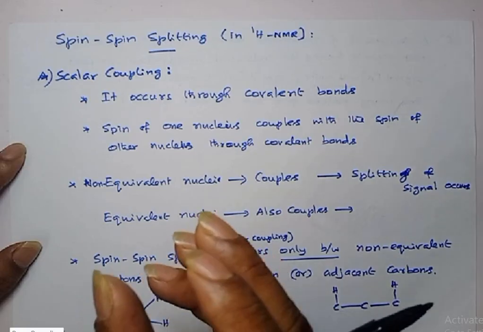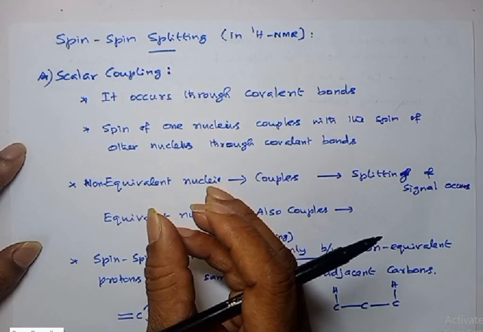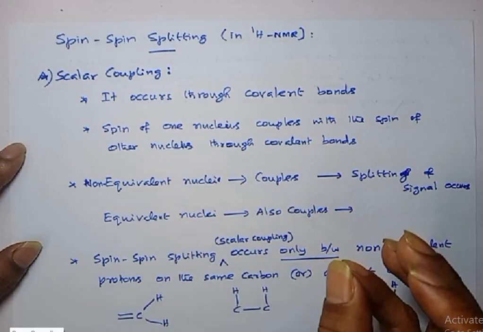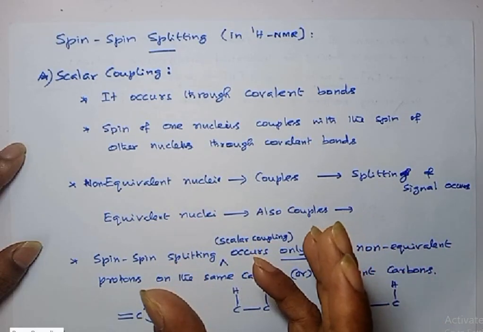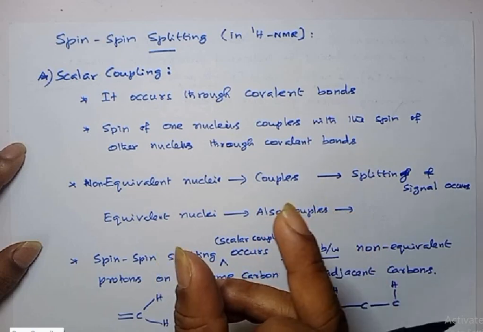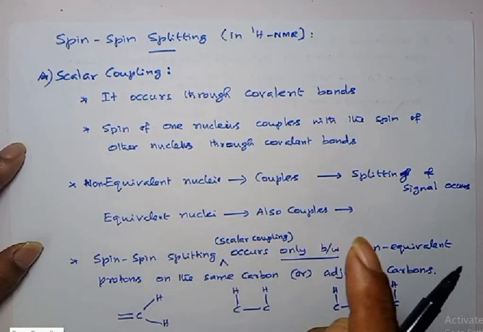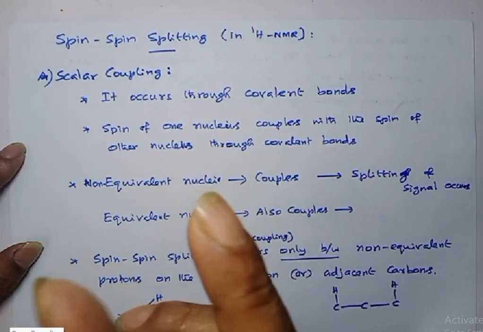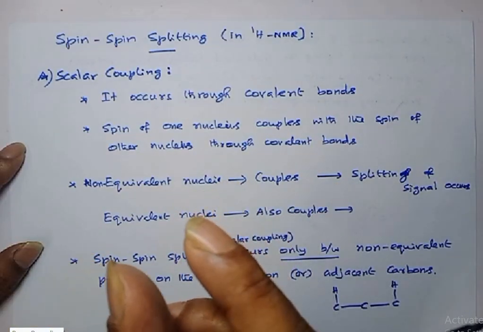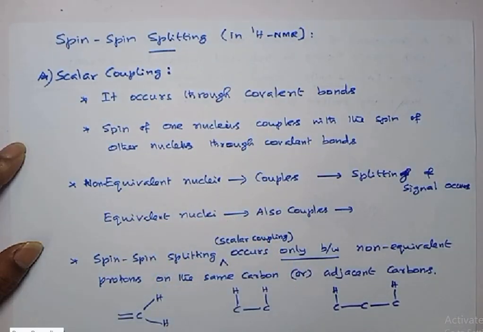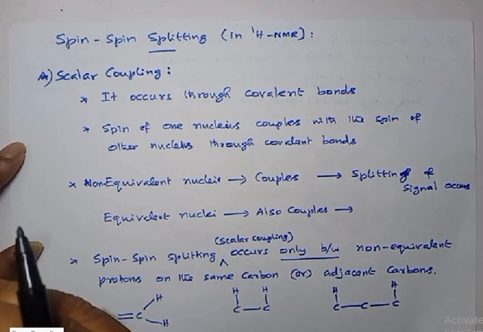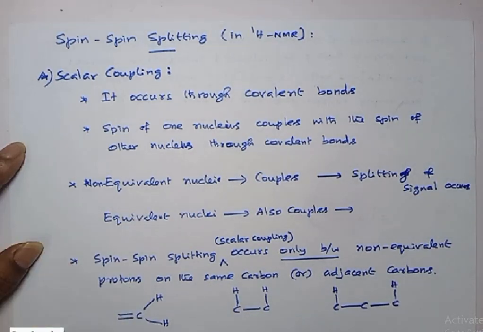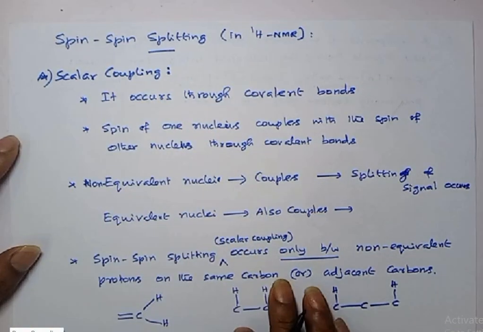I repeat, the spin of one active nucleus and the spin of another active nucleus present in a molecule couple either through covalent bond or through space, spatially they may interact, so that the energy levels of these spin states get changed. Sometimes it leads to splitting of signals so that you will get what are called peaks. This is what we call spin splitting, right?